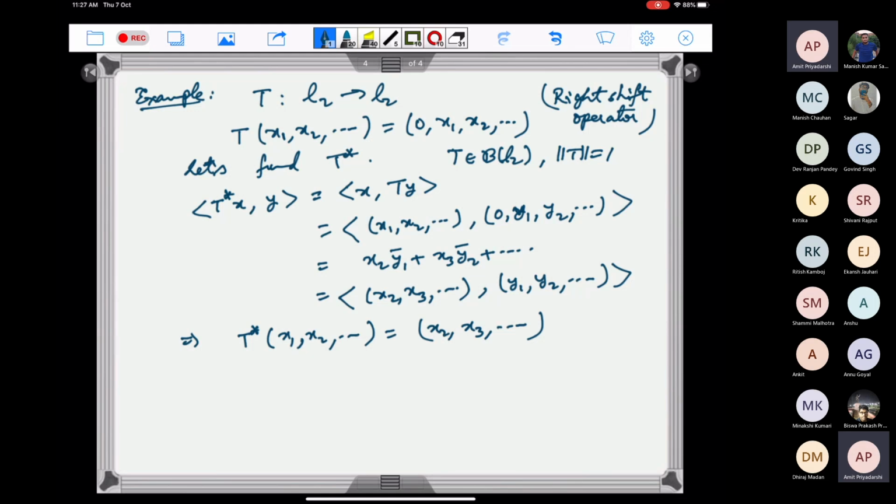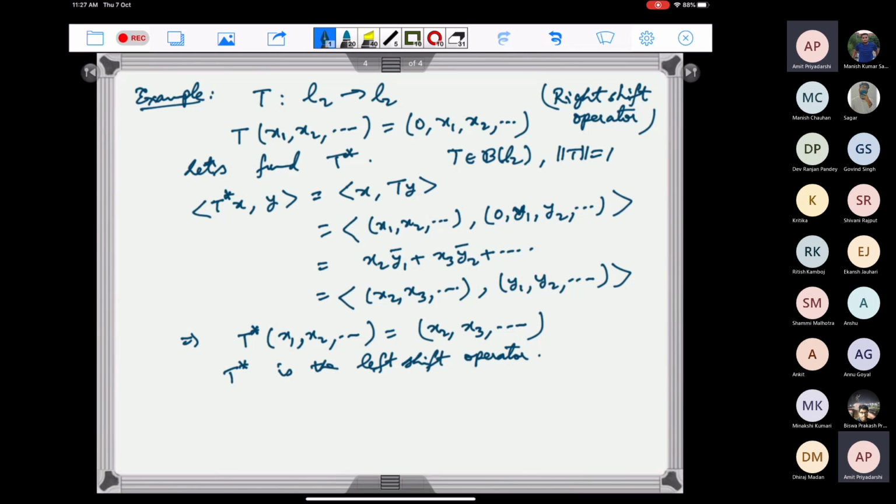T star is the left shift operator. And in this case, it is not self-adjoint. T and T star are not the same operator.